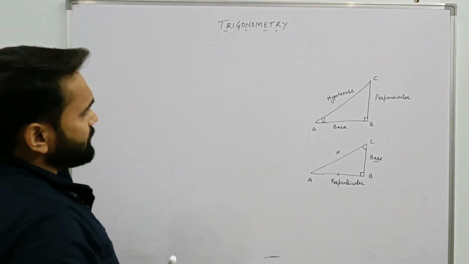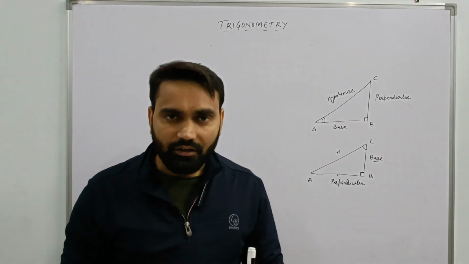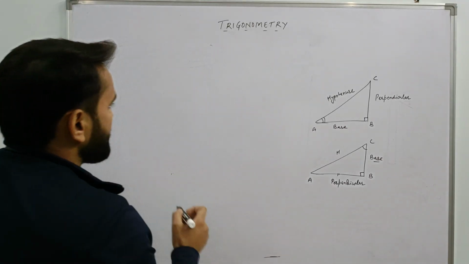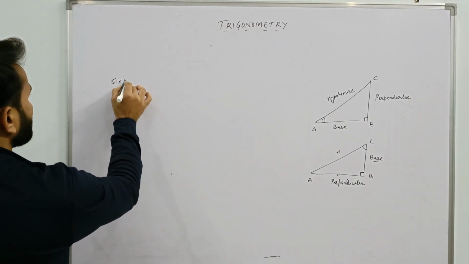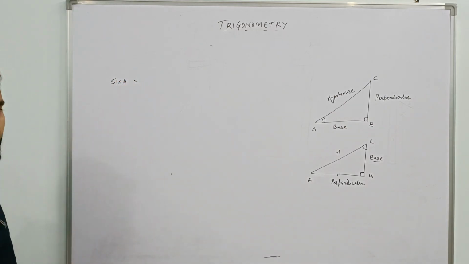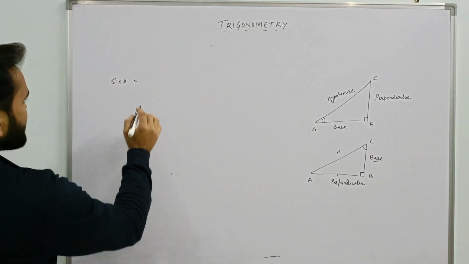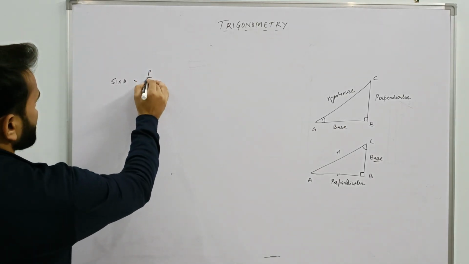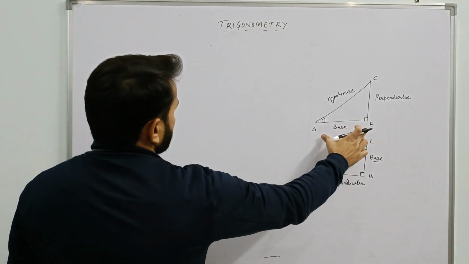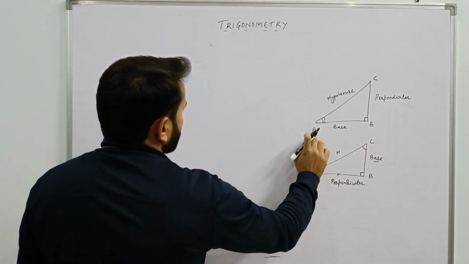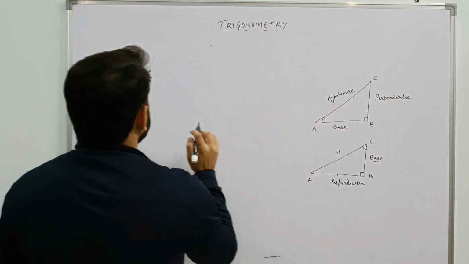Now we will define the trigonometric ratios. The trigonometric ratio sin A, that is sine of angle A, is defined as perpendicular upon hypotenuse, and in this triangle you can see with respect to A the perpendicular is BC.